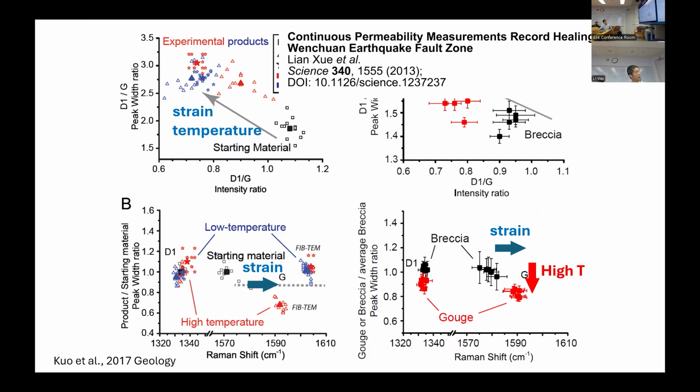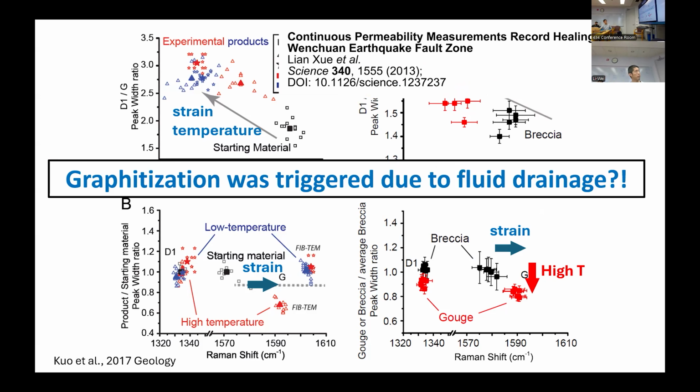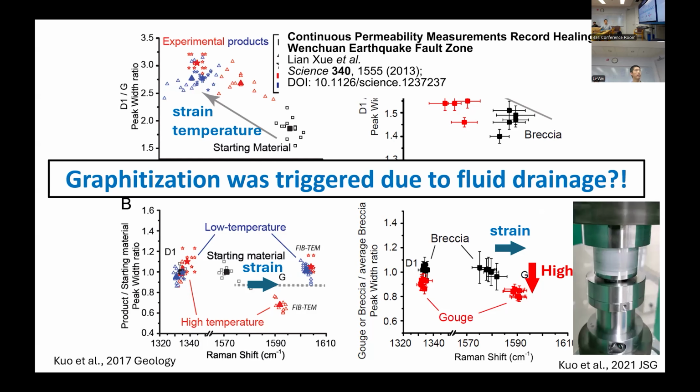So in this case, we suggest that graphitization processes are triggered by fluid drainage. And because this is a 2017 paper, at that finding, I decided to develop this kind of sample holder. So that's why we do something for the gouge for TCDP.